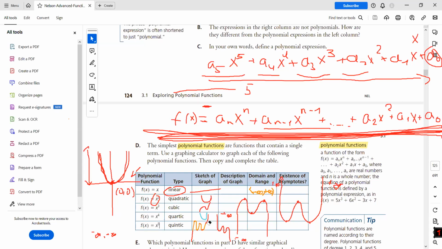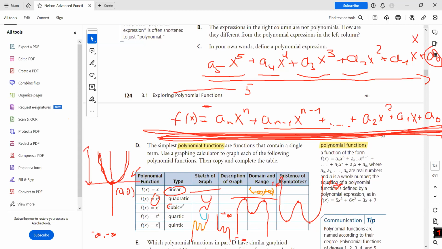So talking about a cubic function, it would have domain and range similar to a linear function. It won't be restricted in any way, while a quartic function will again have restrictions on its range, basically, right? Because we have maximum and minimum points.